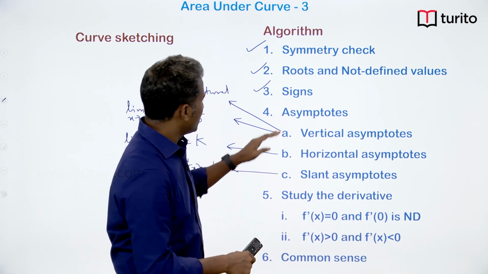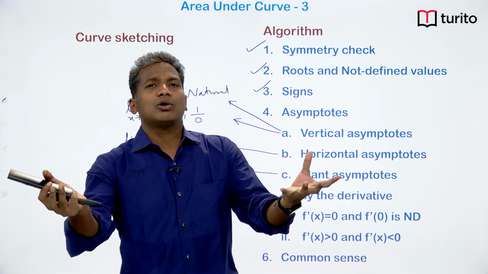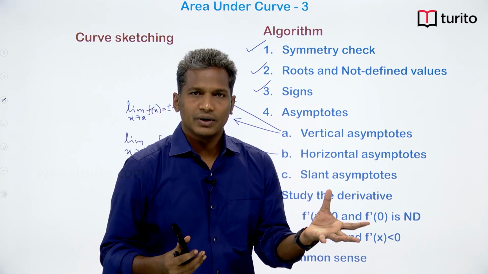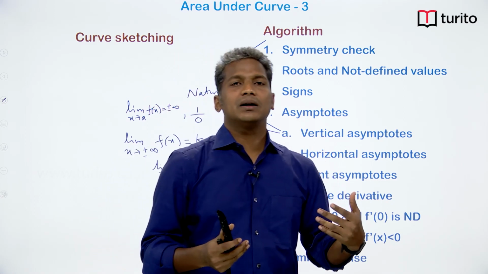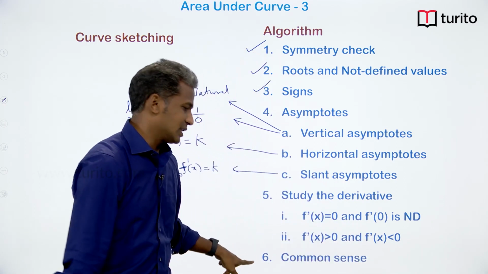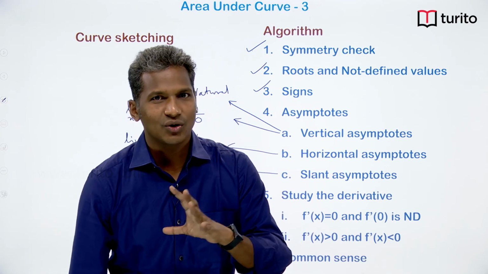Okay. So, with these 5 steps, we get a lot of data about the curve, and then using that data we will try to draw the graph using common sense. 6th step is the most important step because common sense is not so common.